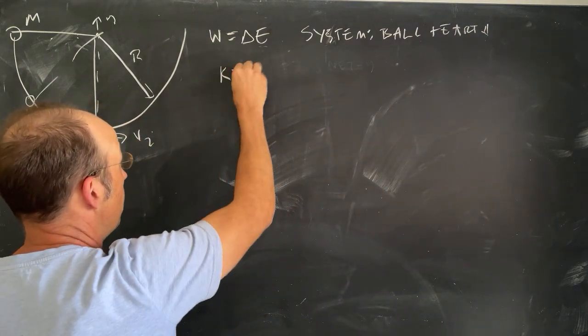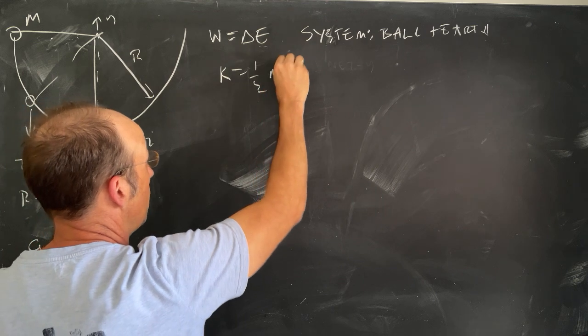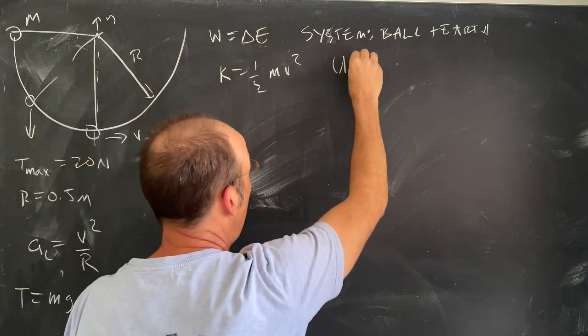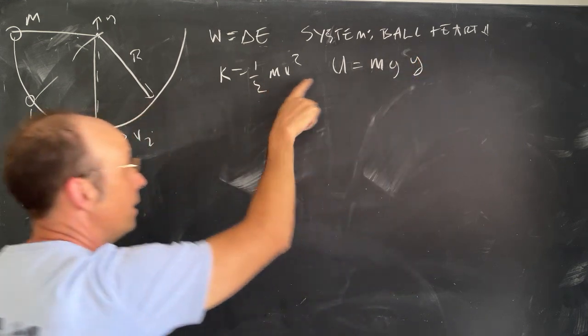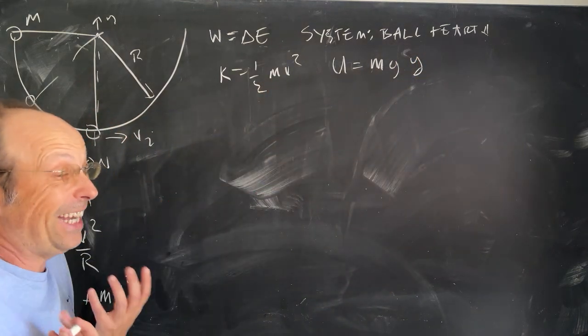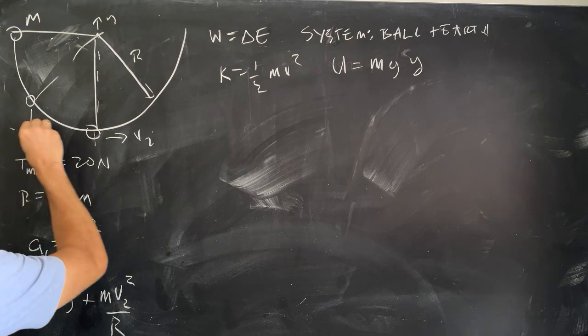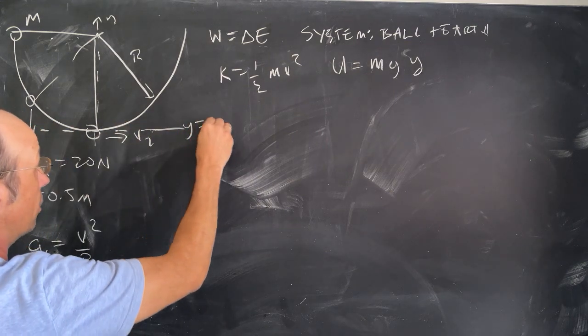I can have kinetic energy, 1/2 mv squared, and I can have gravitational potential energy, mgy. For the gravitational potential energy, I get to pick where y is equal to 0. Just to make things easier, I'm going to pick down here as y equals 0.